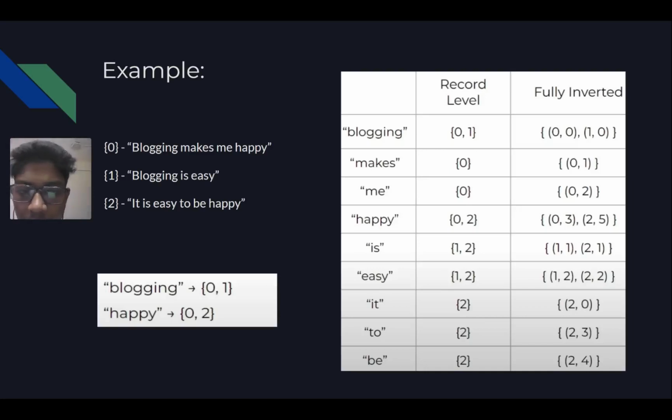So for the word blogging in the fully inverted set, it is 0, comma 0 and 1, comma 0, which means the word blogging is present in line number 0 and position number 0, as well as in line number 1 and position number 0.